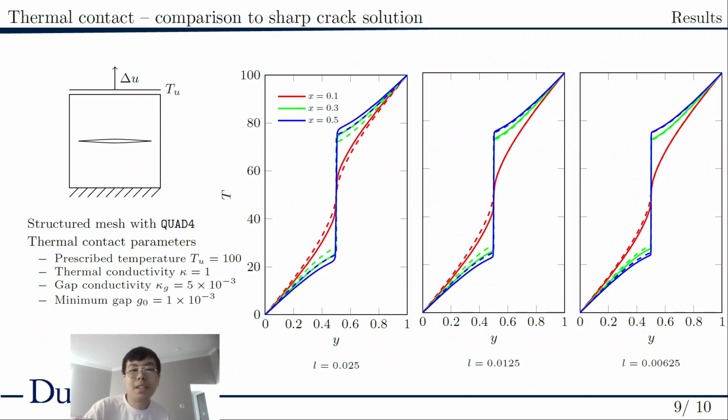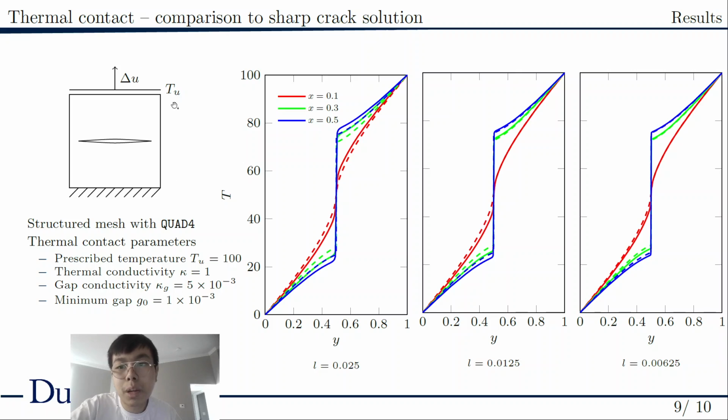So next, the last example we want to show is a comparison between our PDE-based approach using a regularized phase field crack and a sharp crack solution. Okay, so again, here we have a square domain with an embedded crack, which is fixed on the bottom and applied a displacement on the top boundary.